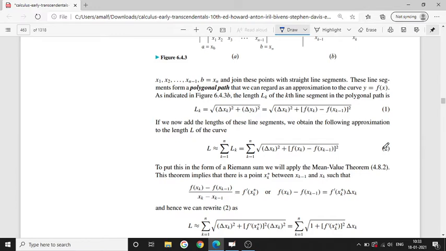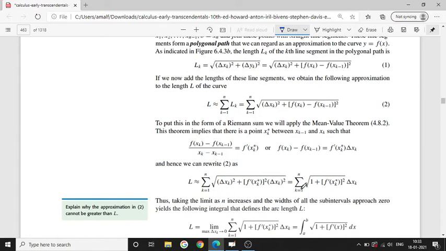So this difference can be put in the form f dash of xk star into delta xk. So f dash of xk star square into delta xk square. So you can take delta xk outside. So remaining you will have root of 1 plus f dash of xk star square, times delta xk.